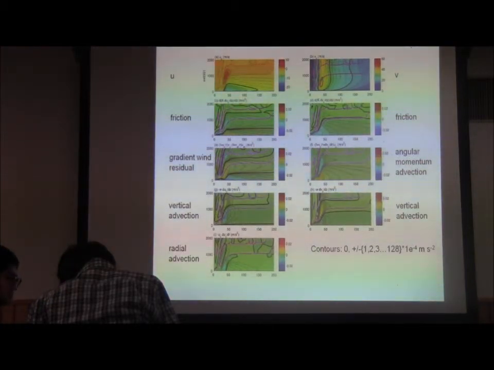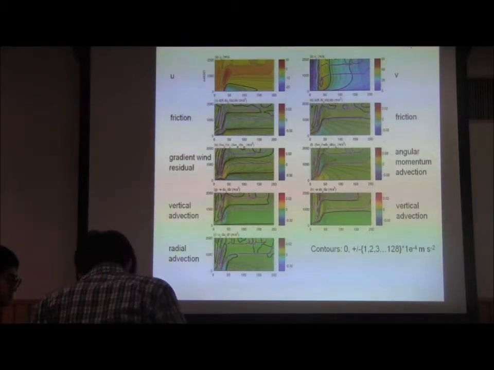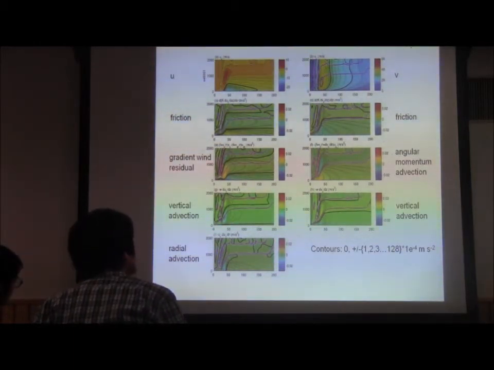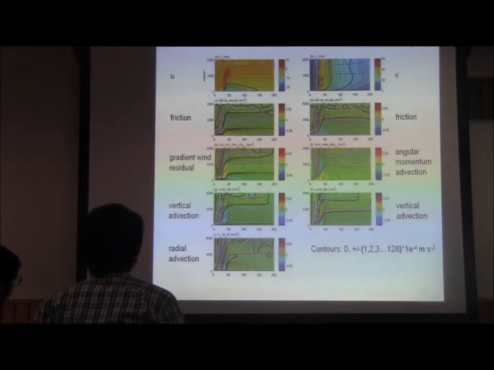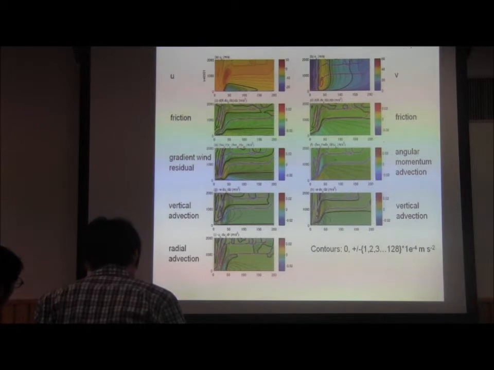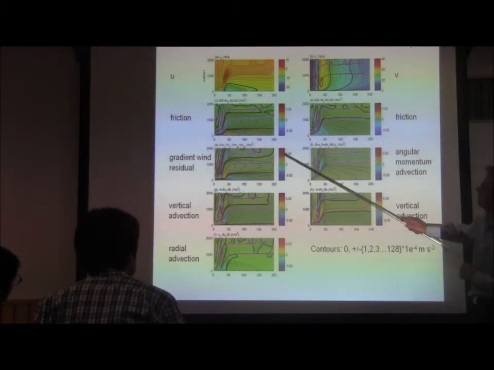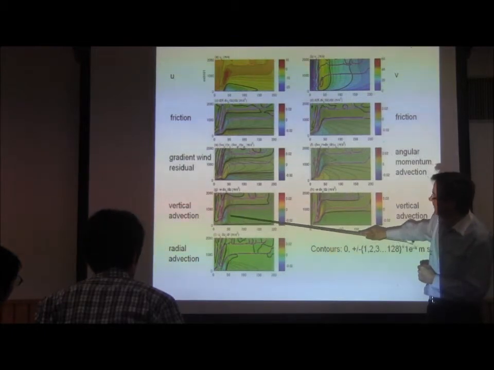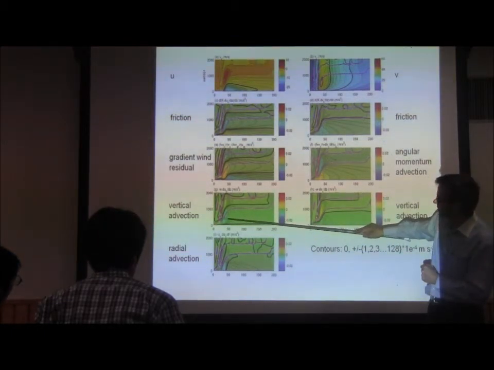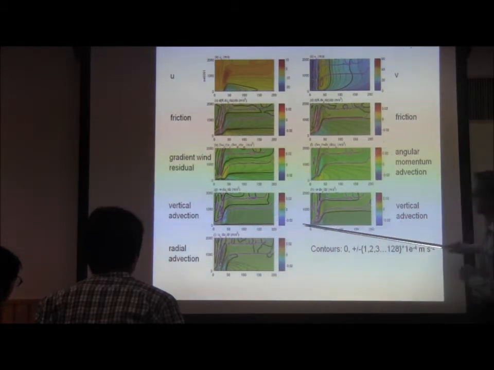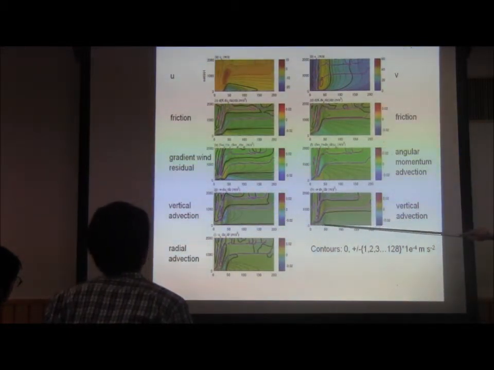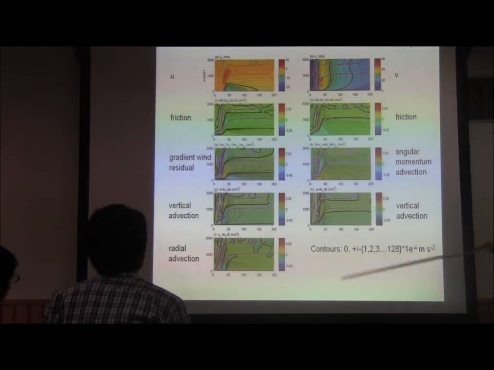This figure indicates that for the supergradient flow, vertical advection or vertical transport is very important. Yes, the vertical transport in the eyewall updraft is very important. And you can see that in these quite large values in the eyewall here, and again, quite large values in the eyewall here.